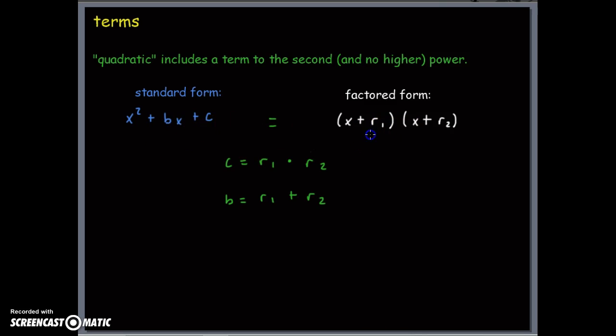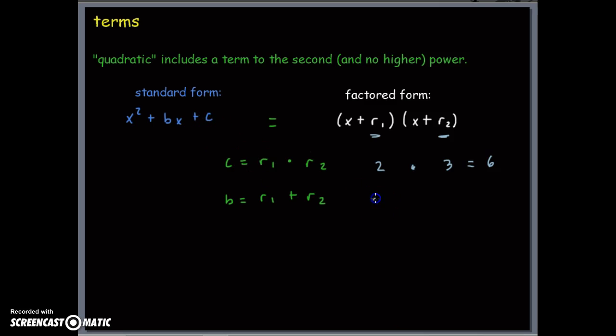These factors right here, these numbers r1 and r2, when you multiply these numbers together, so let's say r1 is 2, and let's say r2 is 3, when we multiply 2 and 3 together, we get 6, or c. So our two factors, when multiplied together, will give us what the c is in standard form.